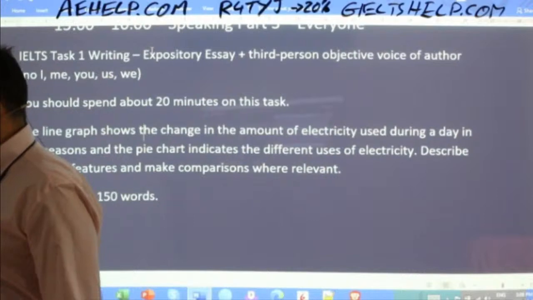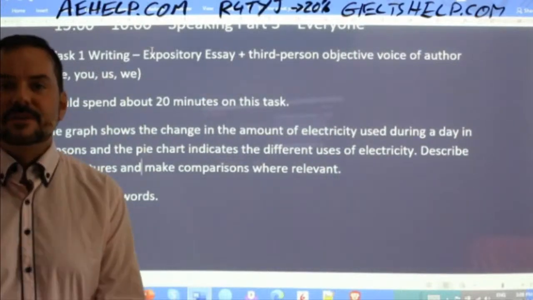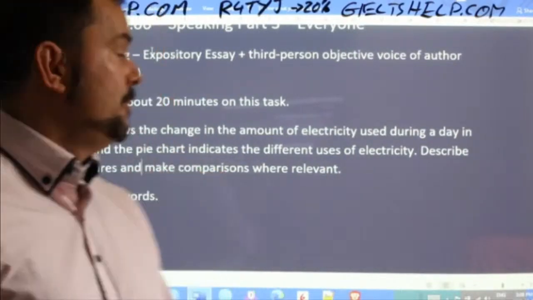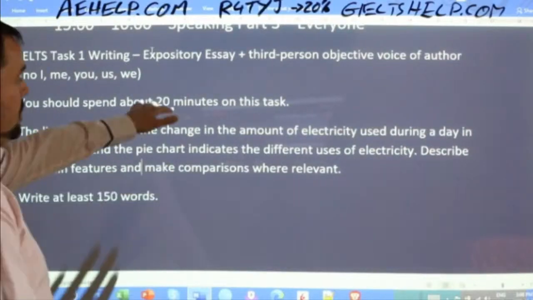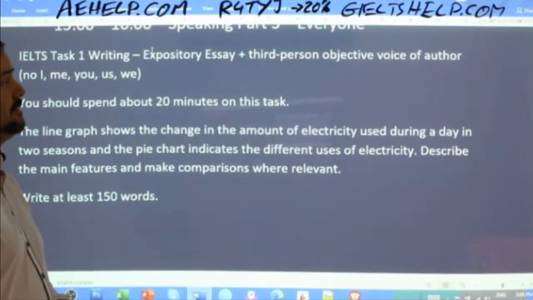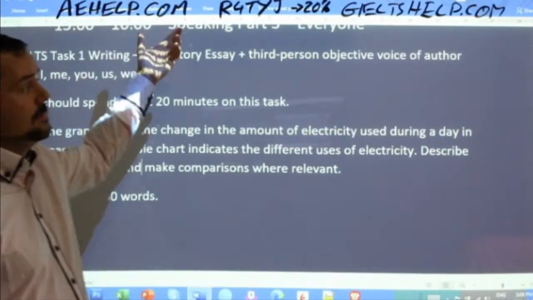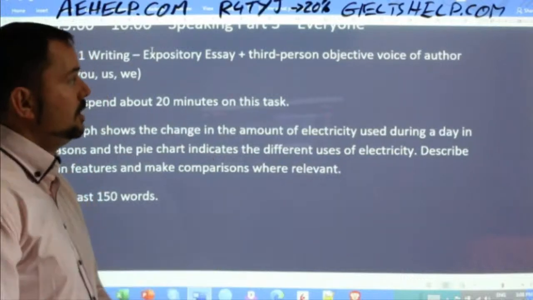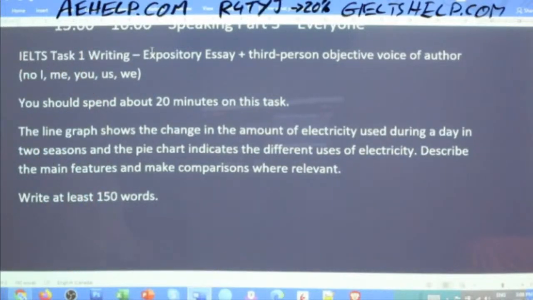Okay, so let's have a look at this specific question now. If you're not familiar with expository essays in third person voice, definitely research that and find out more about it. You can do that on our websites, or of course, Mother Google will give you a lot of information about that as well. It's basics of literature and writing.